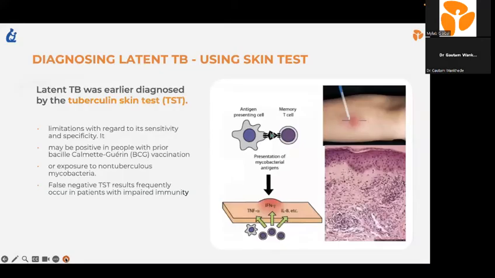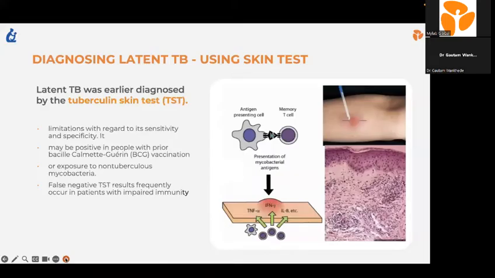It means simply identifying patients with latent tuberculosis and having a special regime to treat them. This medicine regime is not as extensive or as thorough as for active TB disease. It's a smaller course, fewer medicines, fewer side effects, but it can be managed, and latent tuberculosis can also be eliminated. So it's important to identify cases of latent tuberculosis.